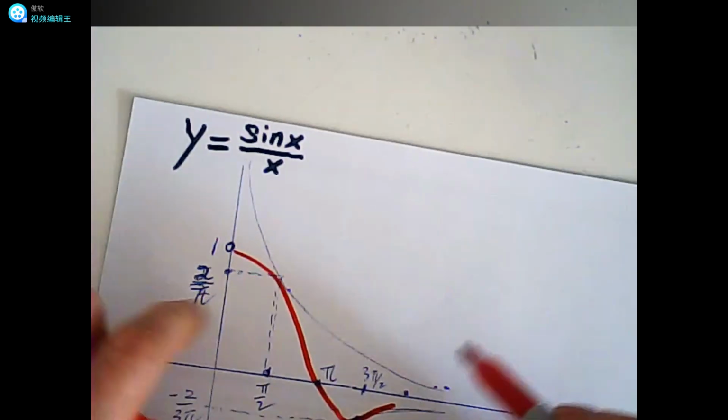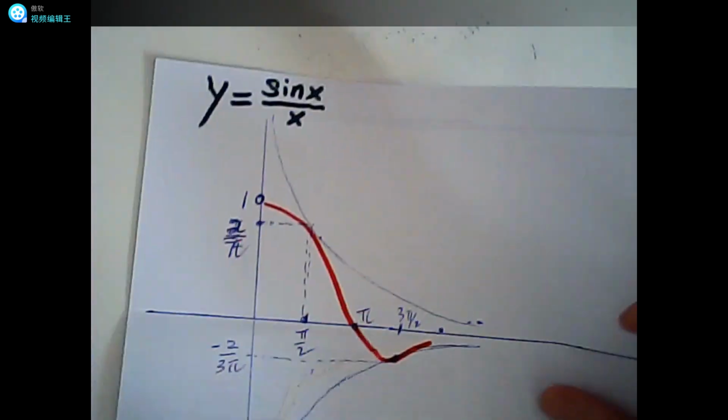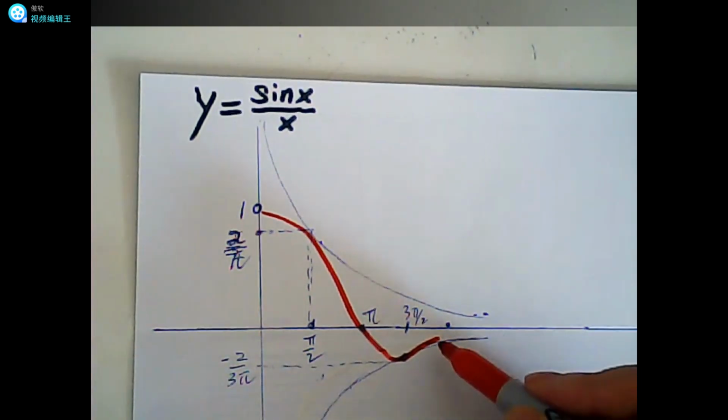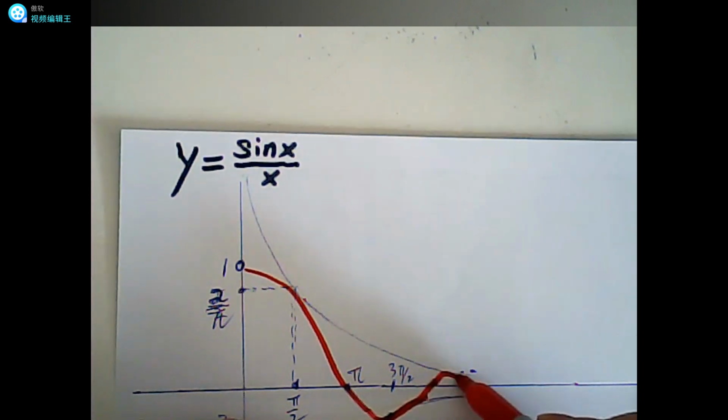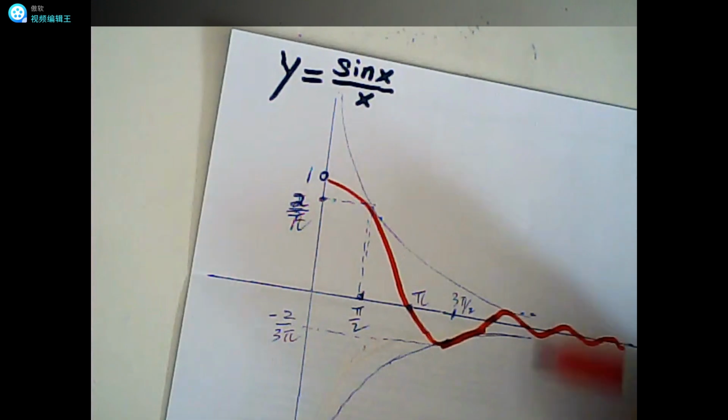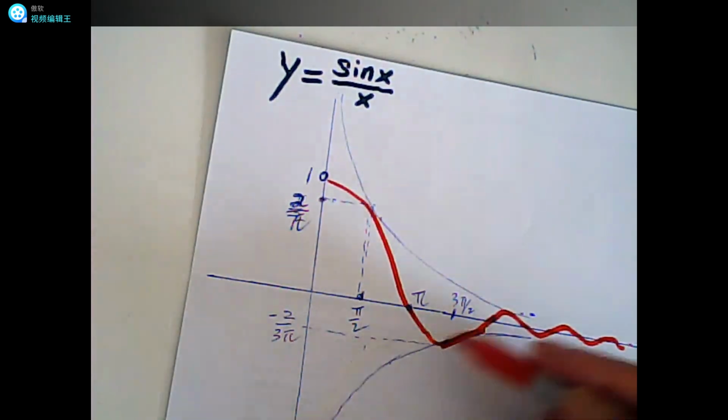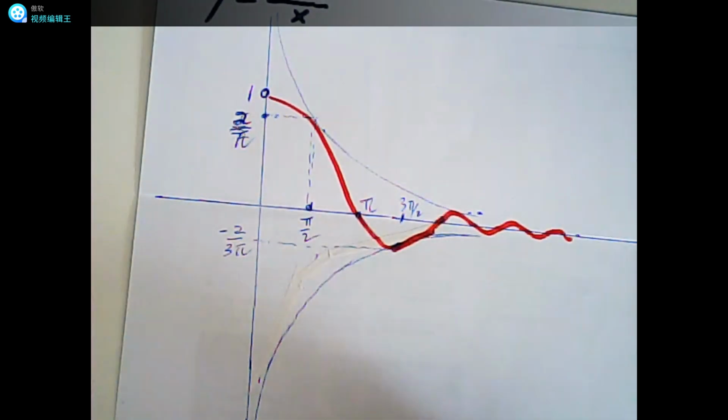It's like this. It's oscillating between these two curves, 1 over x and negative 1 over x.